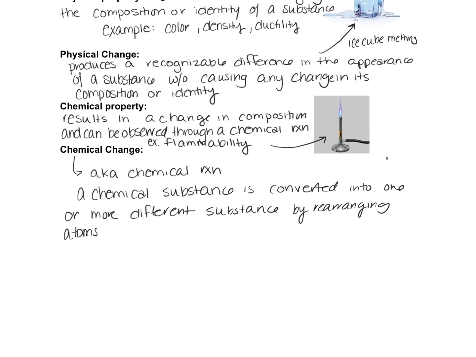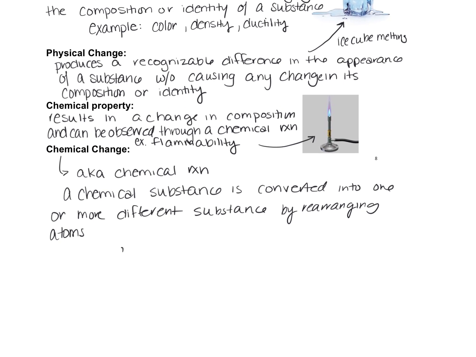So when we have a Bunsen burner and propane is burning there, the chemical formula for propane is C3H8, and it reacts with oxygen gas, which is O2. And it forms carbon dioxide and water as vapor, right? And so this is a chemical reaction.